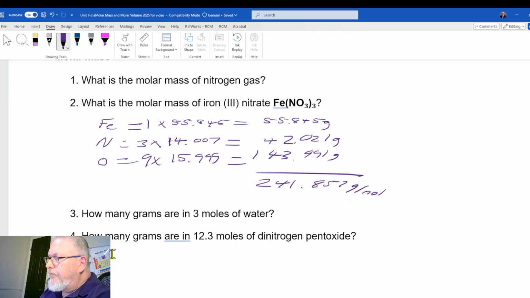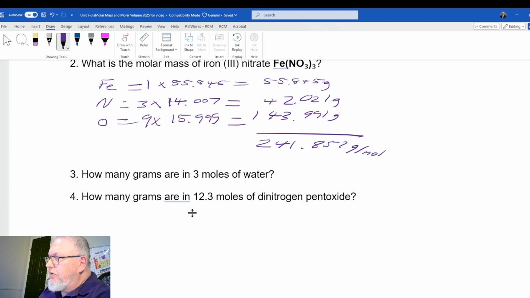Okay. So how many grams are in 12.3 moles of dinitrogen pentoxide? So this is a molecule. It's a molecular compound, which means that the nitrogen and the oxygen are sharing electrons. It makes it happy. So the formula for it would be, again, just trust me, N2O5. Di is 2 nitrogens. Pentoxide is 5. Let's get the molar mass first of 1 mole.